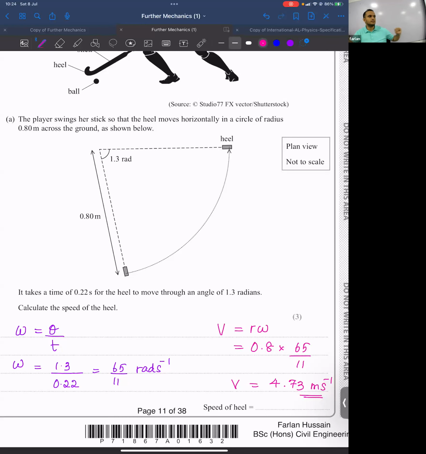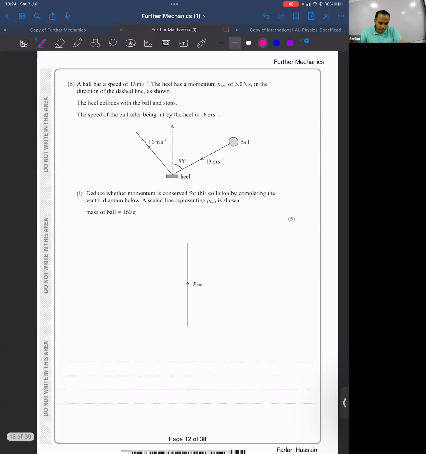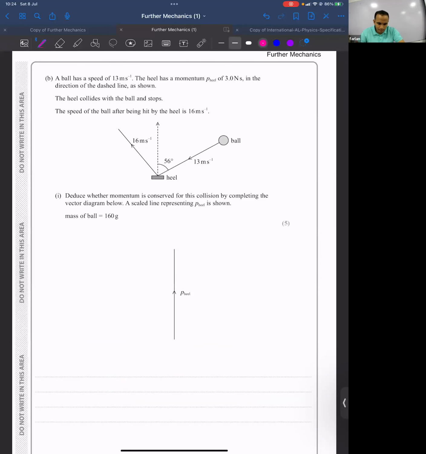Okay. The next one, part B. A ball has a speed of 13 meters per second. The heel has a momentum, P heel, of 3 Newton seconds in the direction of the dashed line as shown.